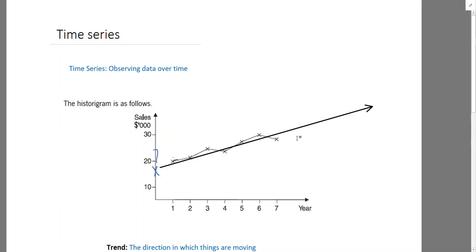The line is this center thing. We want to know exactly where it is going to be. Obviously, there's no exact in forecasting, but if we want more accuracy on whether it is going to be here or here, then we need to add seasonal variation.